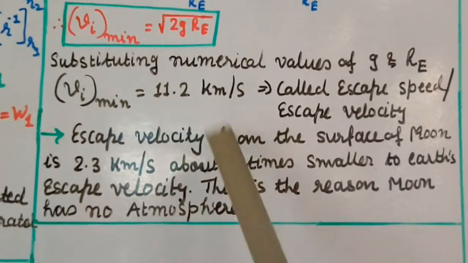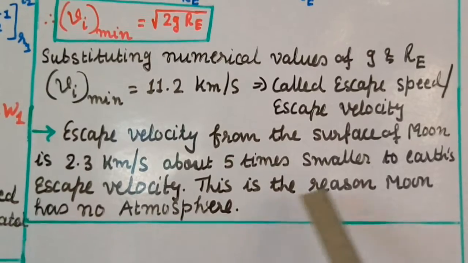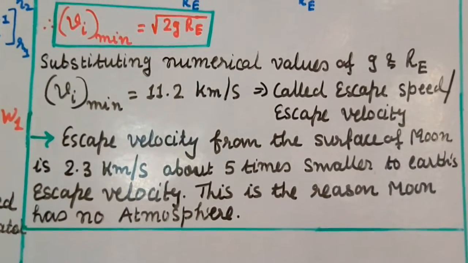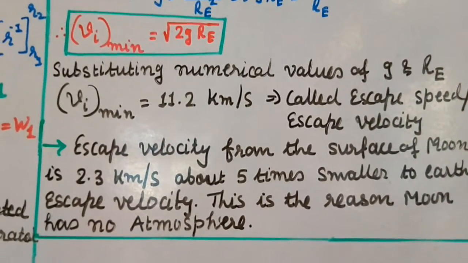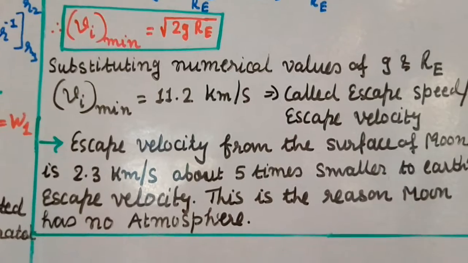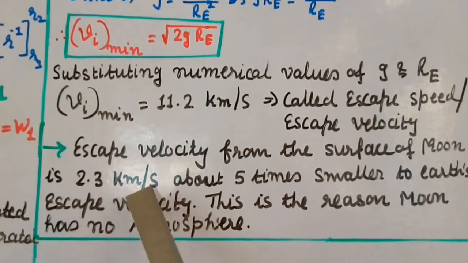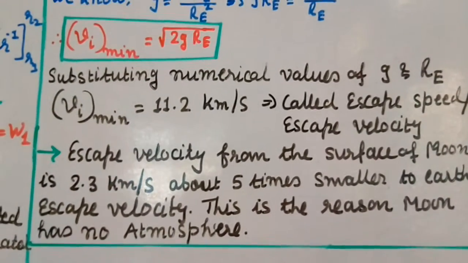This is the reason why the Moon has no atmosphere. Why? Because the gas molecules will not be able to remain on the surface of the Moon; if they get a velocity higher than this, they will escape. Therefore the Moon has no atmosphere.